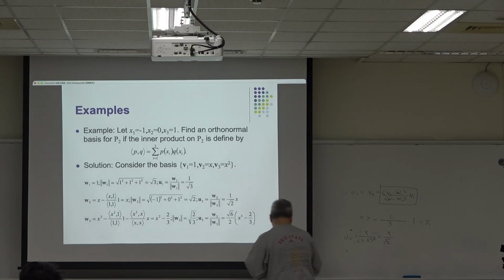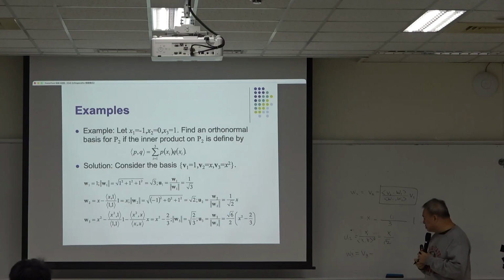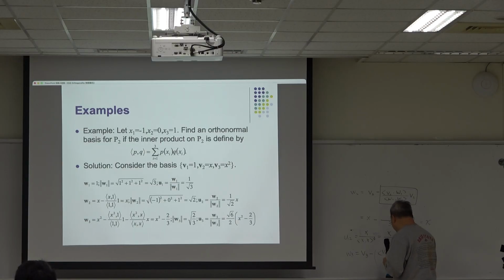So w3 is going to be v3 minus the projection of v3 onto the space that is spanned by w1, w2. So it's v3 minus v3 dot w1 over w1 dot w1 times w1, plus v3 dot w2 over w2 dot w2 times w2.